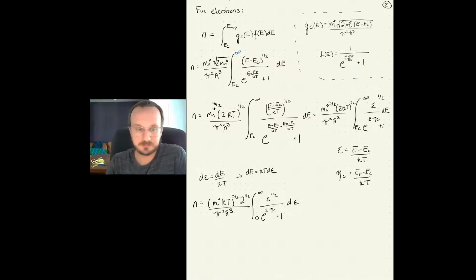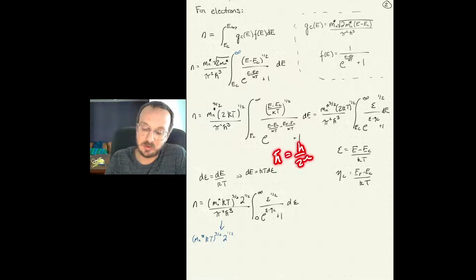We'll rearrange it. And so here we're going to take the effective mass of electrons, KT to the 3/2 times 2 to the 1/2. And let's first take this h bar, which is the reduced Planck's constant equals h over 2 pi. So we're going to say pi squared h cubed over 2 pi cubed to get rid of the reduced Planck's constant.